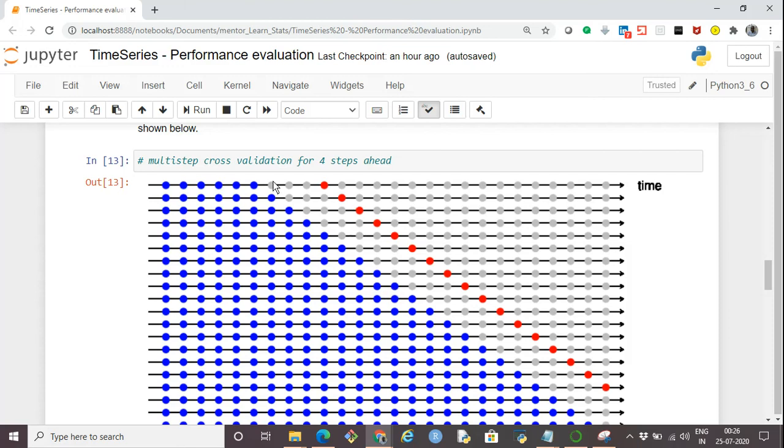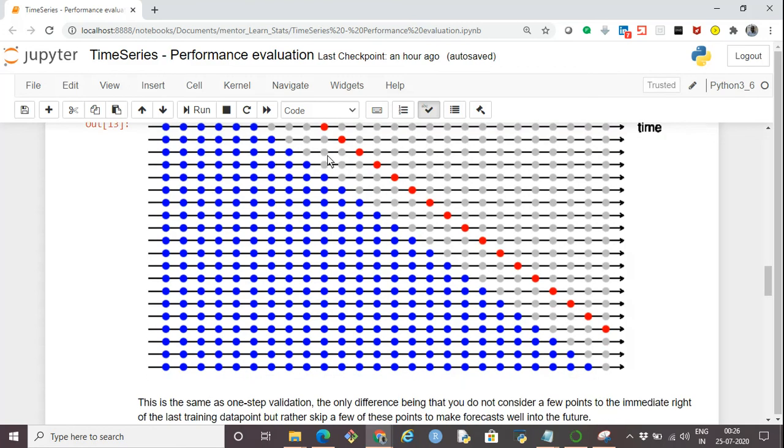So if you see, between this blue point and this red point, there are 1, 2, 3 data points. Similarly here, similarly here. So we are just moving forward and keeping this distance between the last timestamp of the training data set and the timestamp of the forecast constant.